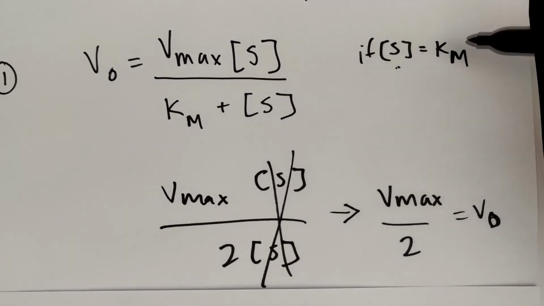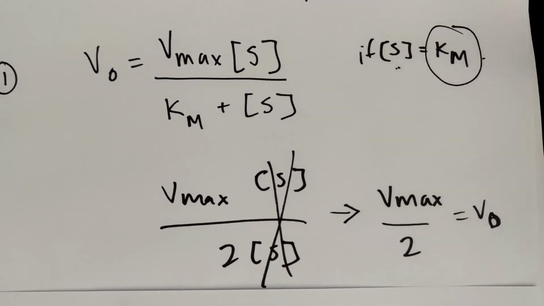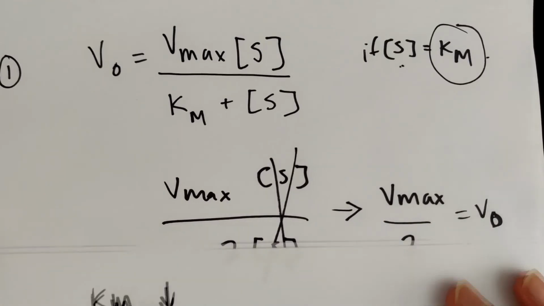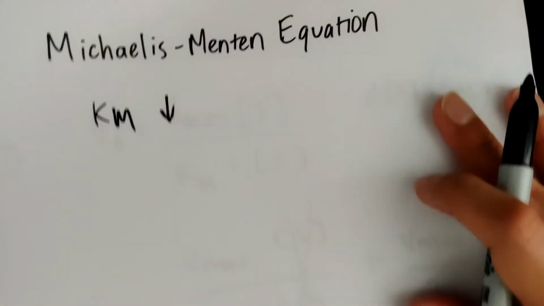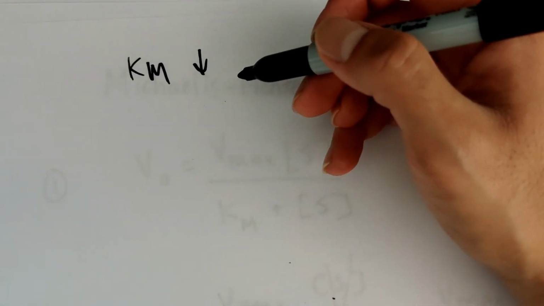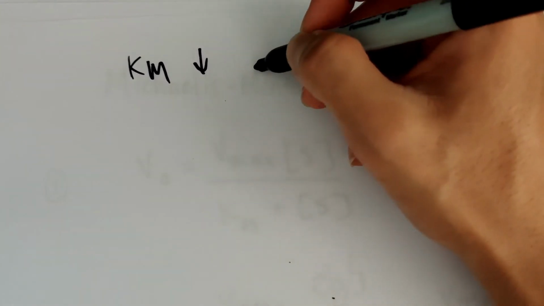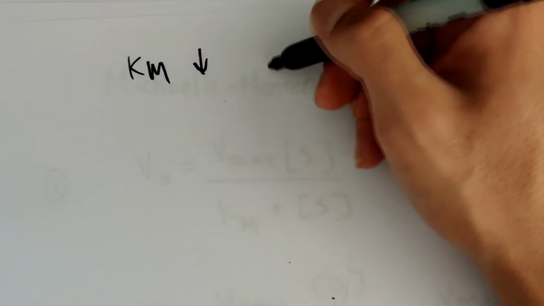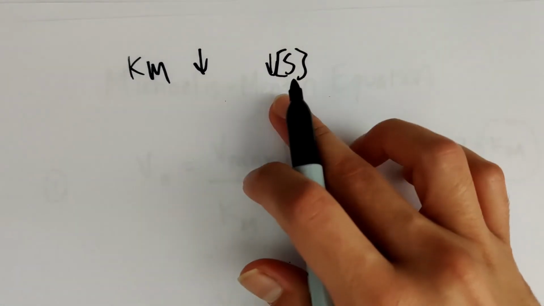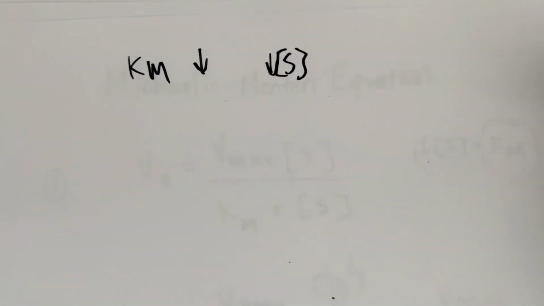Alright, so what does Km tell us? Well, if we consider if Km is small, what it tells us is that we need a small amount of substrate concentration in order to reach that half Vmax.